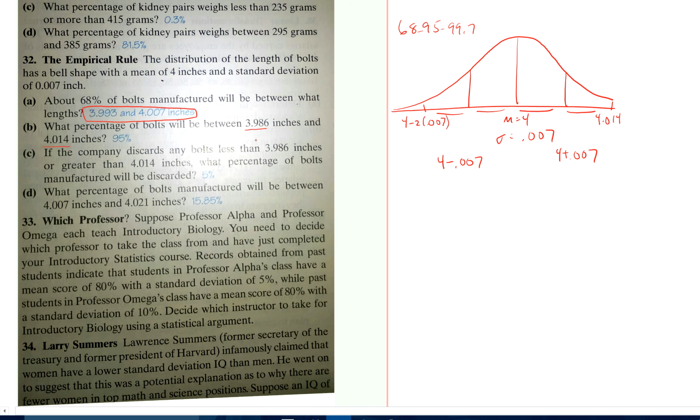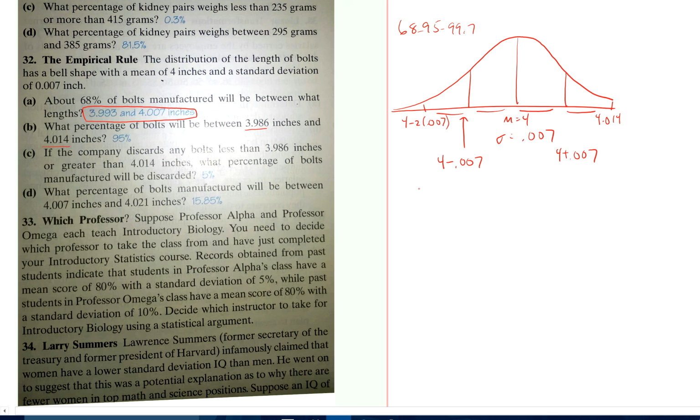Okay, that's what that number is. Does that make sense? So I go up plus 0.007, and minus. That's this guy right there, and that's that guy.